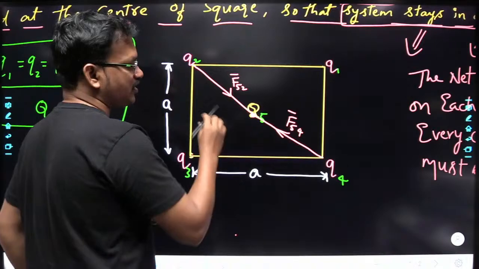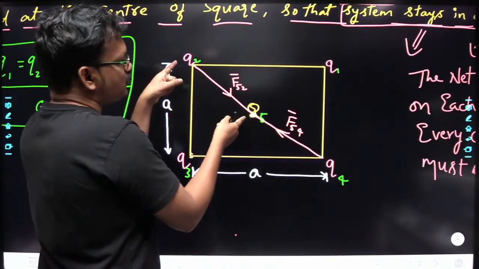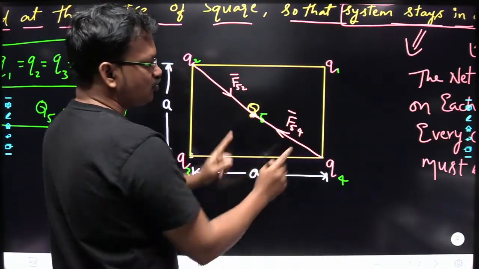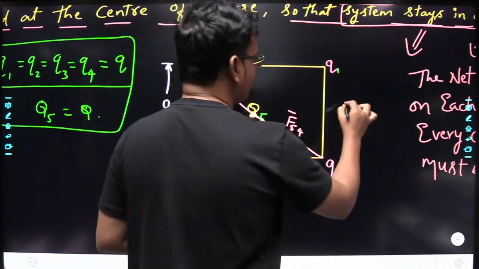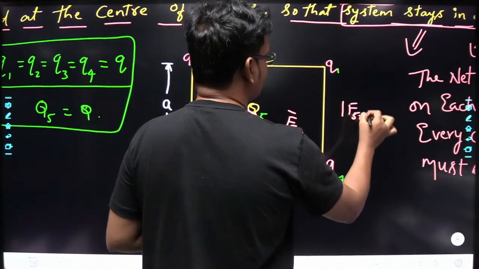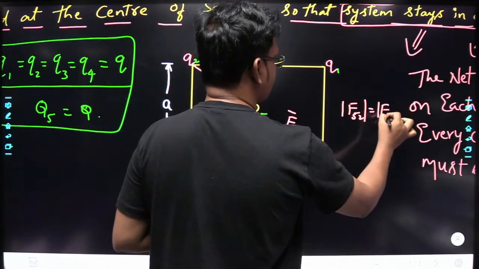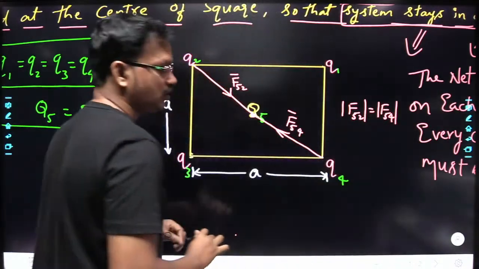Now if you observe, the distance between Q2 and Q5 and the distance between Q5 and Q4 are the same, and hence the magnitude of F52 will be the same as the magnitude of F54.